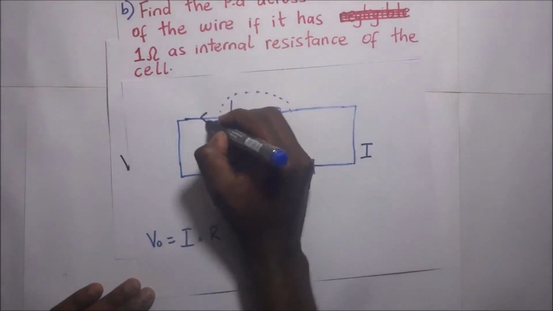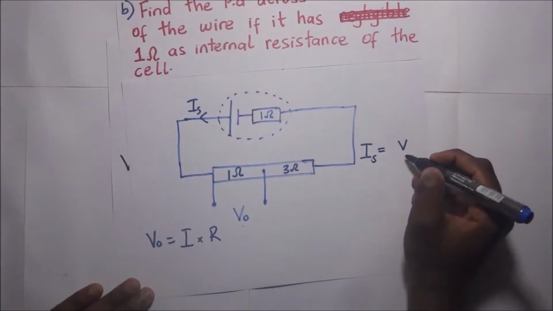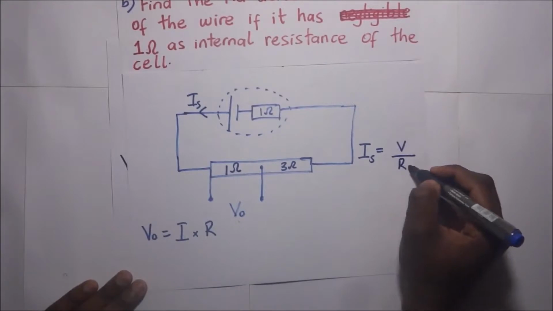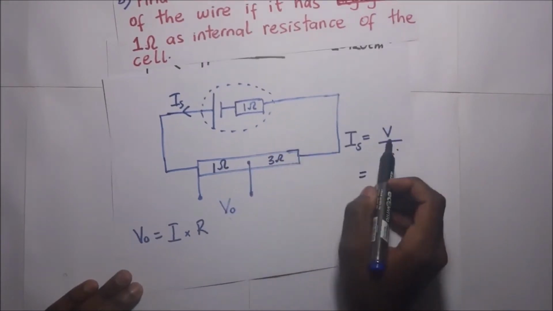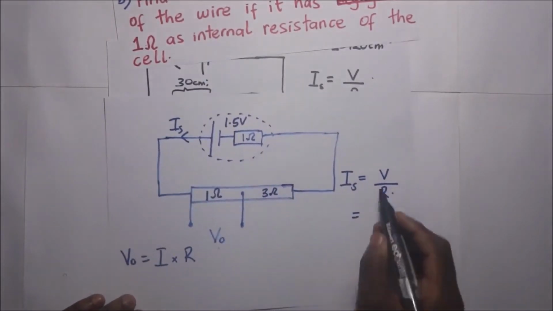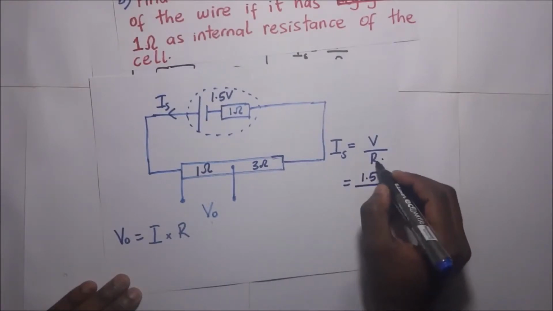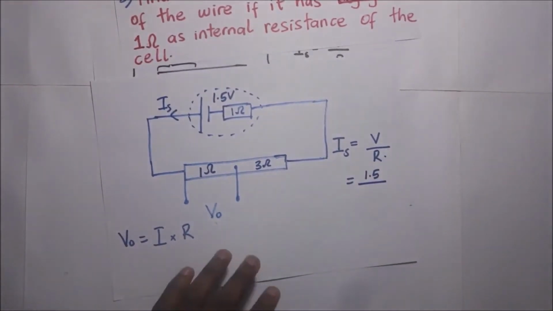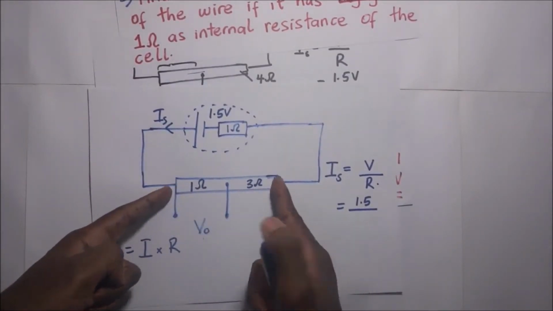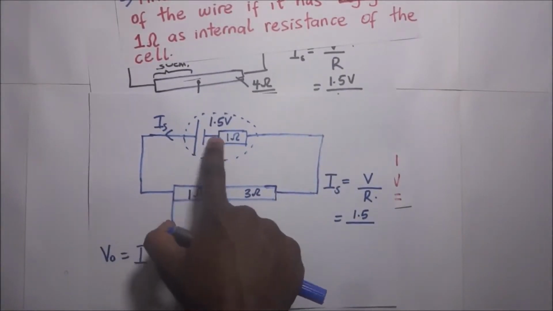The current, which happens to be the source current here, is equal to the potential difference V divided by the effective resistance in the whole circuit, which is capital R. The V here is 1.5 volts, according to our question. So the EMF, or the potential difference, 1.5, is divided by the effective resistance in the whole circuit. In the circuit we have this resistance of 4 ohms, but remember that our cell has an internal resistance of 1 ohm.